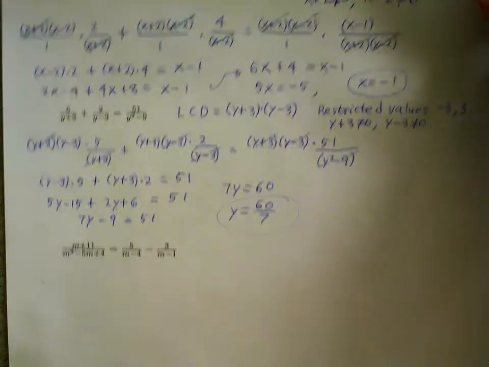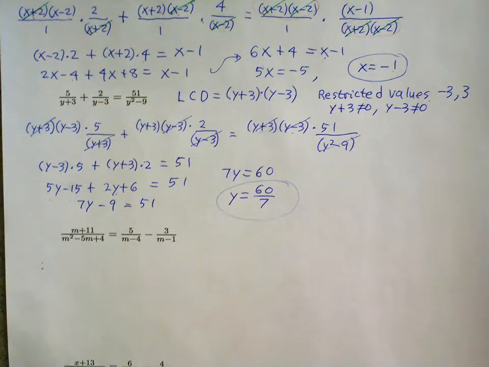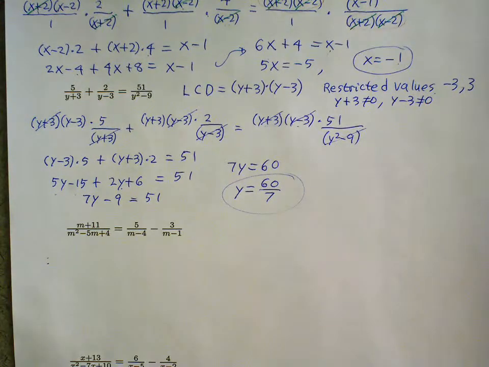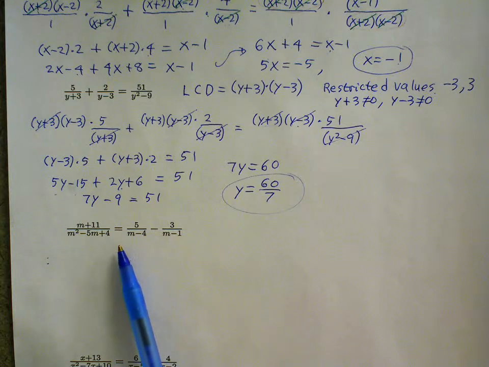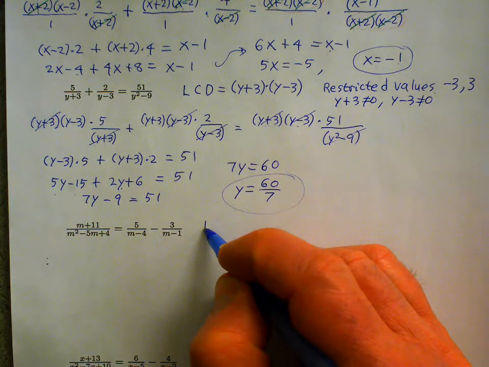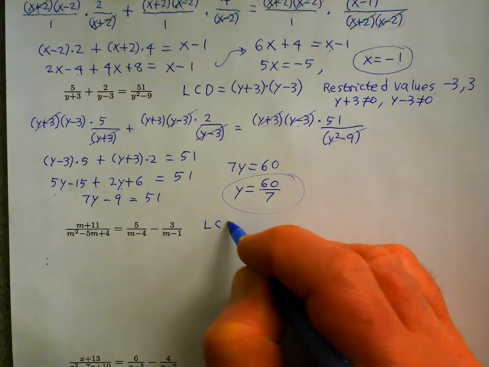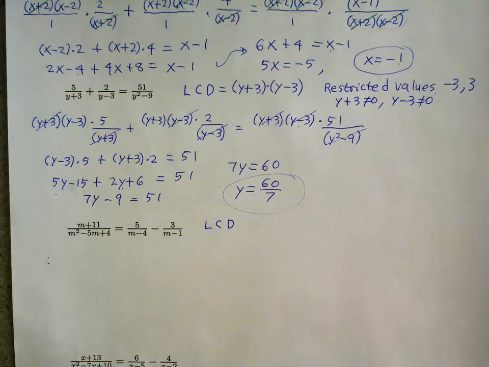Okay, the next example is a little more complicated. Not much, but a little. This time we have m plus 11 over m squared minus 5m plus 4 equals 5 over m minus 4 minus 3 over m minus 1. So we want to find the least common denominator, or the least common multiple of the denominators.